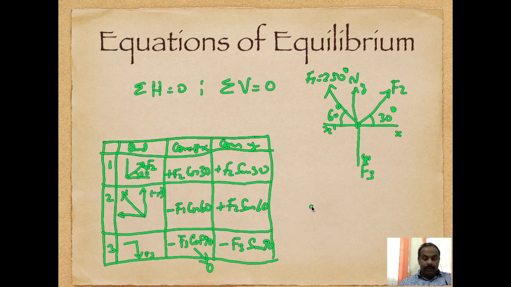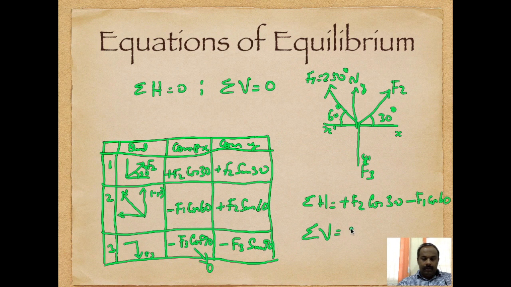So we have equated, so we know sigma H is equal to plus F2 cos 30 minus F1 cos 60, and the last one is cos 90. Cos 90 is 0.